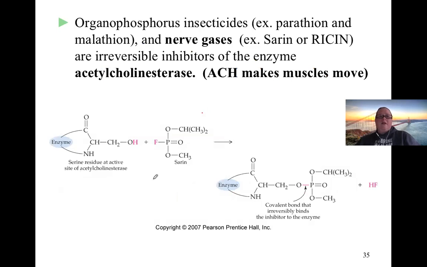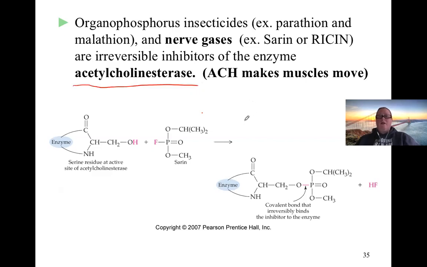Another type of irreversible inhibition comes from some insecticides, and this is how they work on insects. Also dangerous to humans are nerve gases like sarin and ricin. They are both irreversible inhibitors, and they inhibit a specific enzyme called acetylcholinesterase.